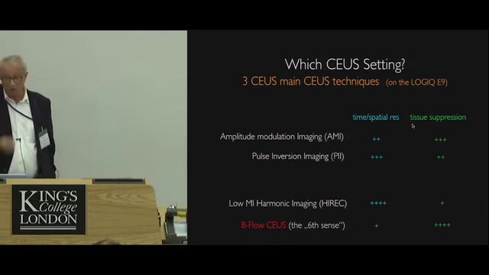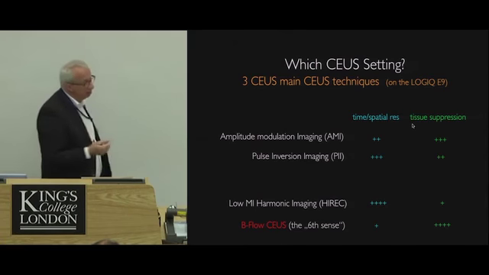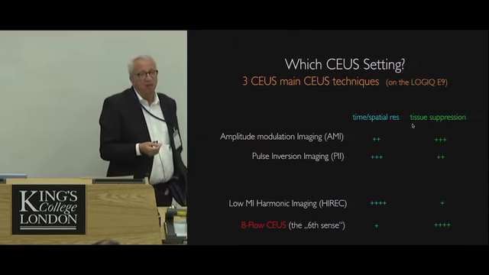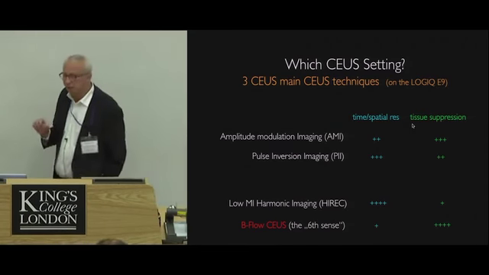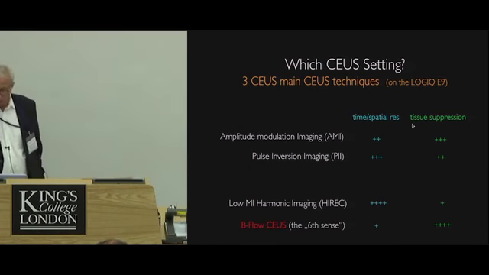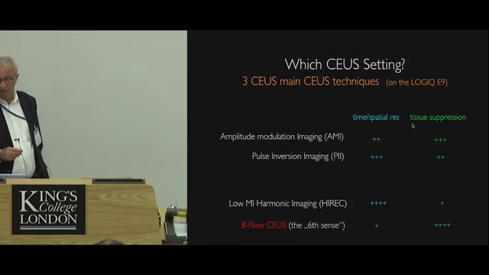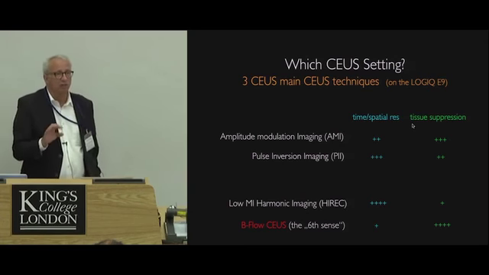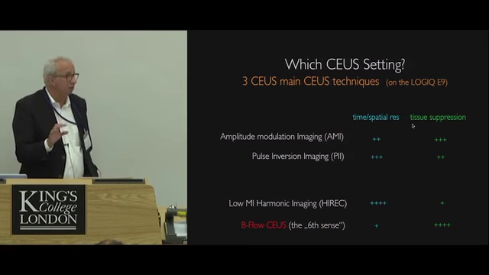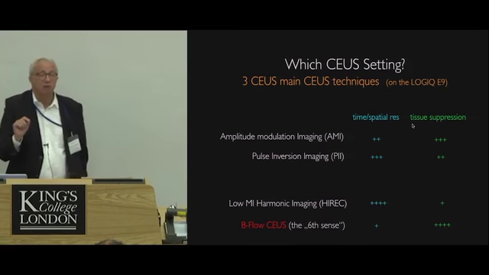And then, of course, we have B-flow that is patented by GE, but I learned that Toshiba also has a similar technique, and I think both techniques can be used with contrast. The advantage of B-flow and contrast is that it has the best in-class tissue suppression. But of course, we get no information about stationary echoes. That is very important, so the use of this technique is very limited.